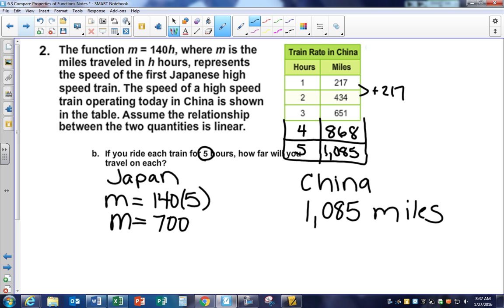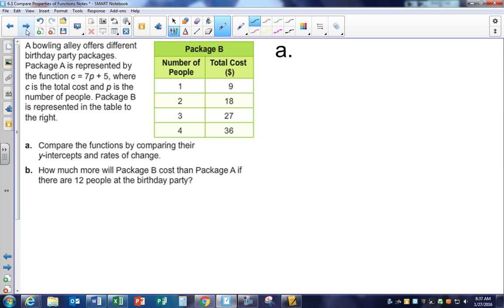Okay, let's look at another example. A bowling alley offers different birthday packages. Package A is represented by the function C equals 7p plus 5, where C is the total cost and p is the number of people. Package B is represented in the table. So now we need to look at the y-intercepts.